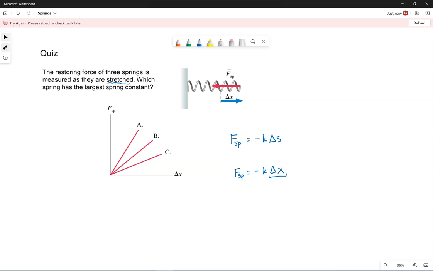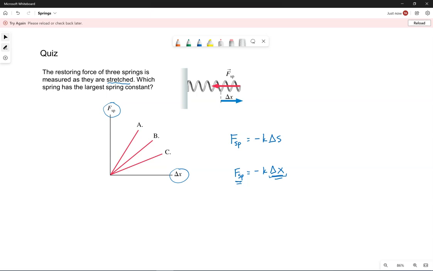So we have here the force versus delta X. If I think about the equation of a line, force I already have on the left side, delta X I already have on the right side.